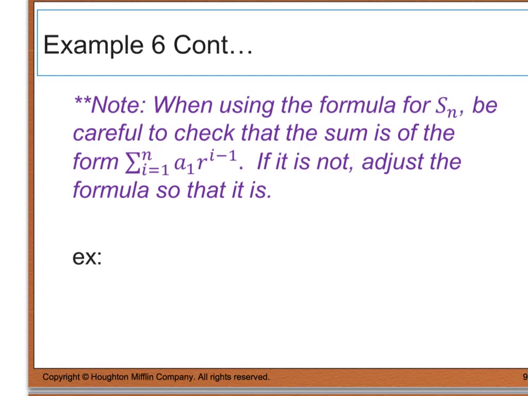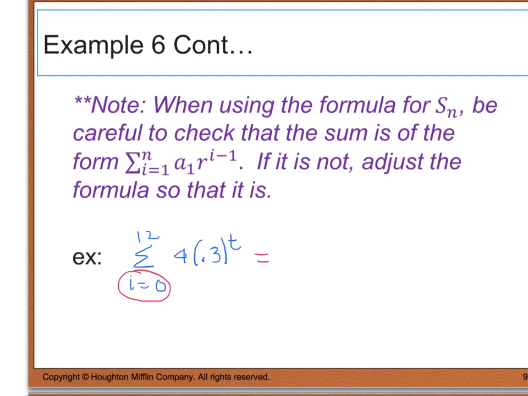If you're given something that tells you that we want to find the sum when i equals 0 to 12 of 4 times 0.3 to the power of i, because this does not start out at i equals 1, I'm going to have to adjust that.